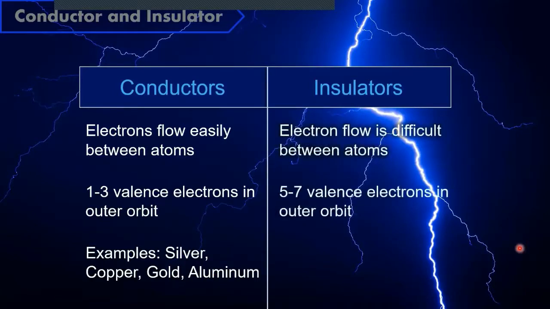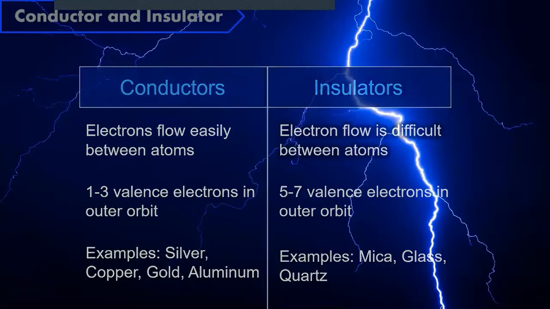For insulators, electron flow is difficult between atoms, and they have 5 to 7 valence electrons in the outer orbit. That's why electrons can't move freely. Examples are mica, glass, and quartz.